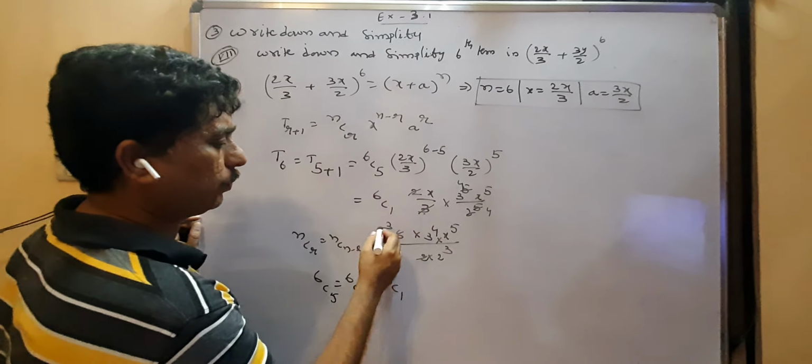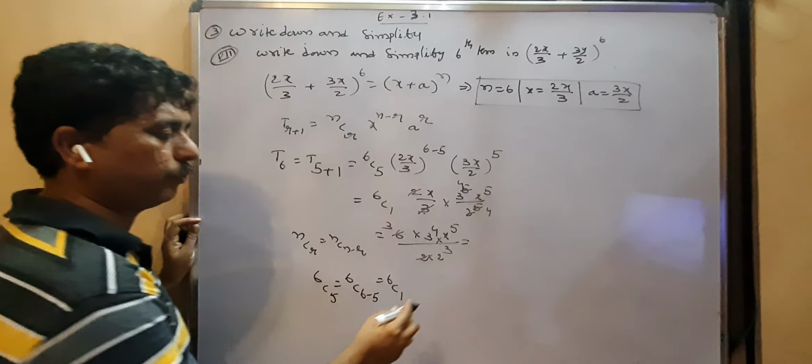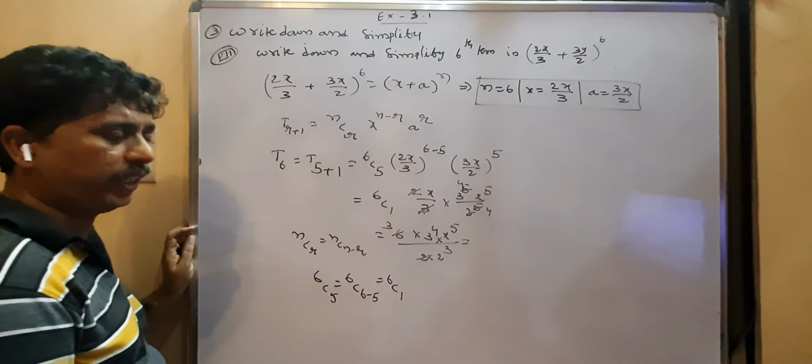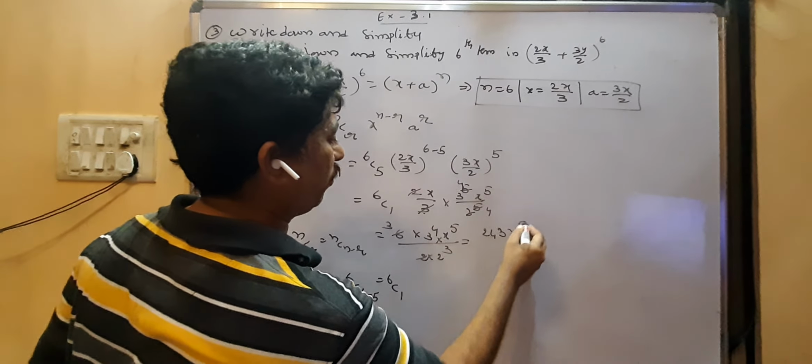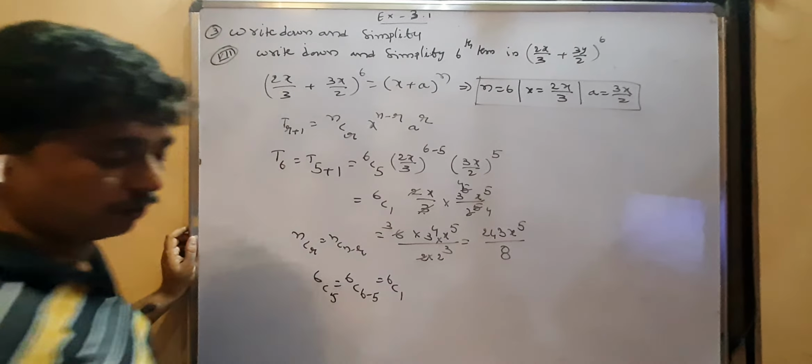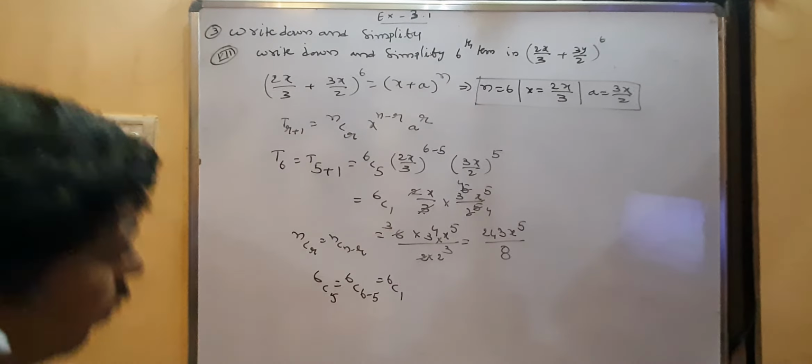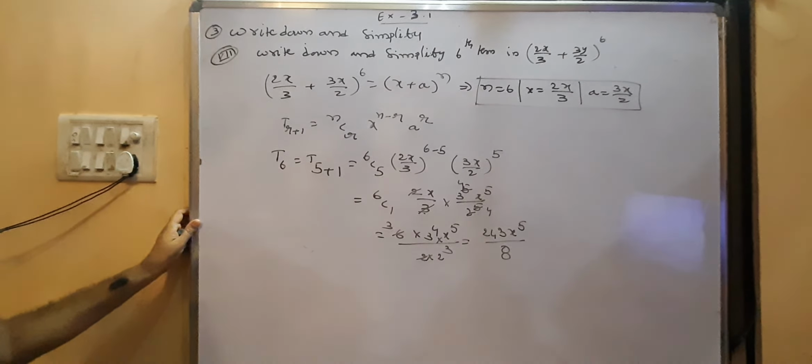So 2 3s are 6, that is the 3 power 5. 3 power 4 is 81, 81 into 3 is 243 and x power 5 by 2 cube means 8. That is the answer. Okay, now coming to the next one, copy the problem.